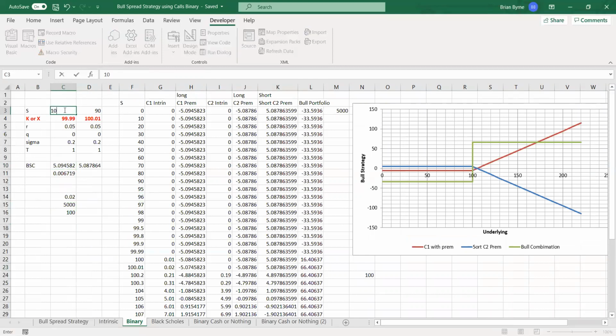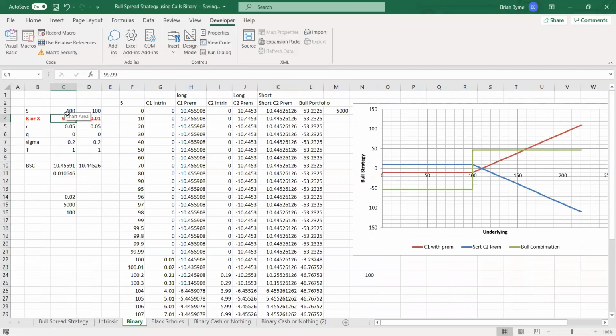Let's change this to 100. When we change to 100, we can see here that the cost of setting up the portfolio is 53.23, and in the event of the option being in the money, we have 46.76. Let's have a look at the binary.